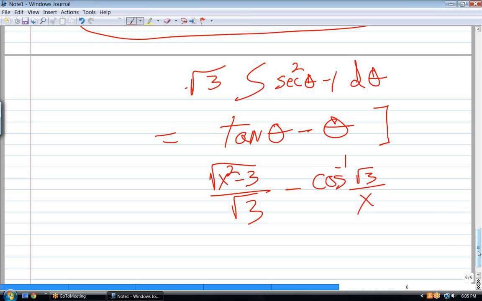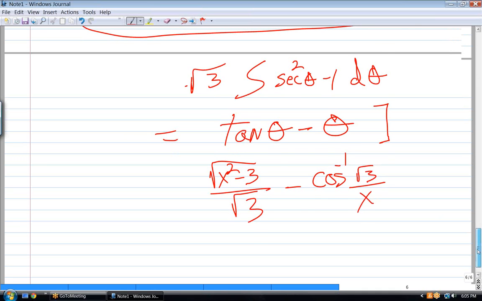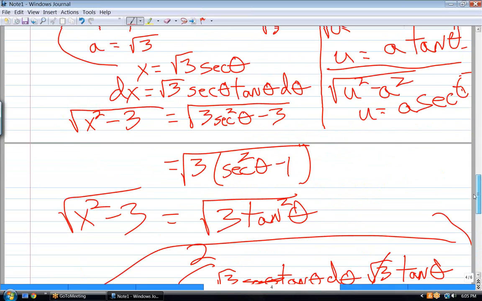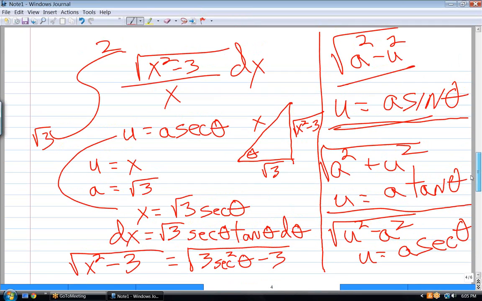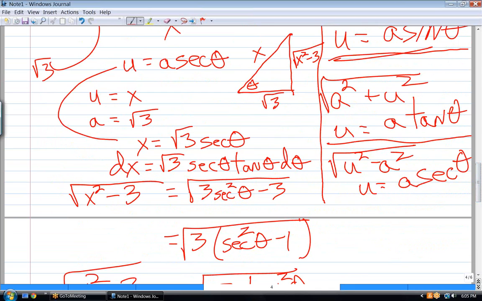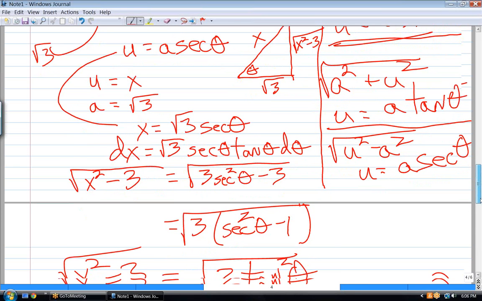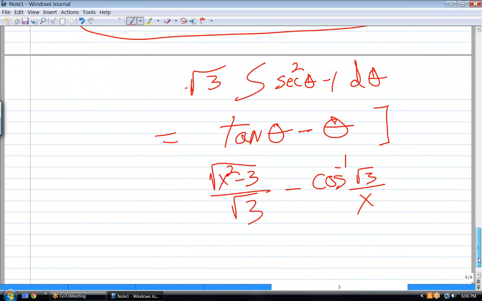In other words, looking at this triangle right here, if I ask you what theta was, well, since the cosine of theta is the square root of 3 over x, then theta is the inverse cosine of square root of 3 over x. So I substitute that for theta. Now I can evaluate it at the original limits, square root of 3 to 2.